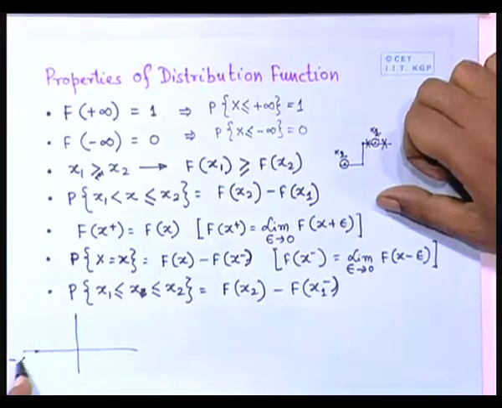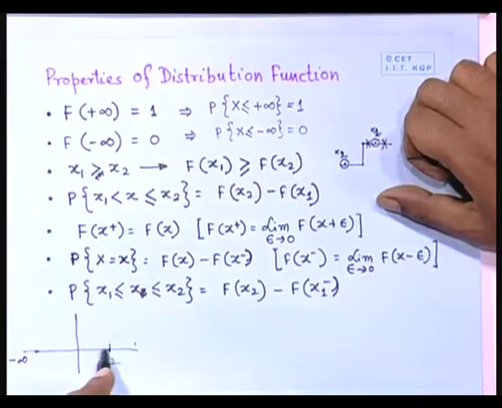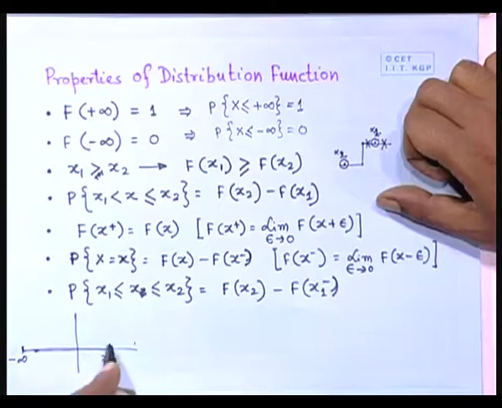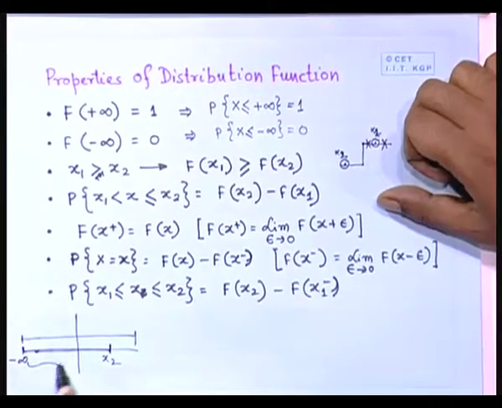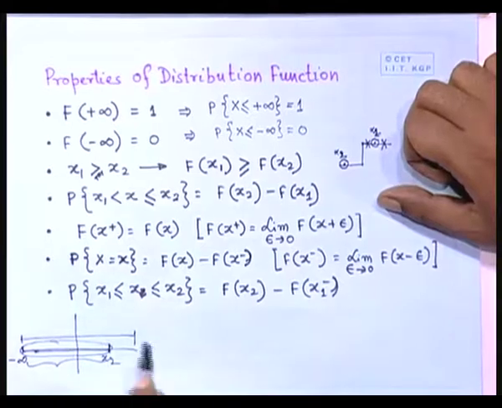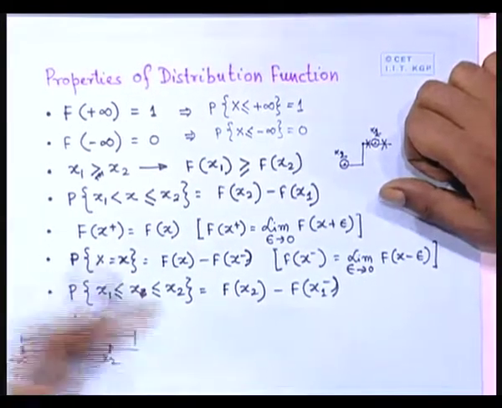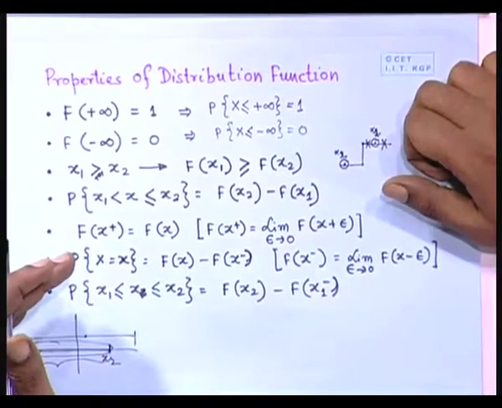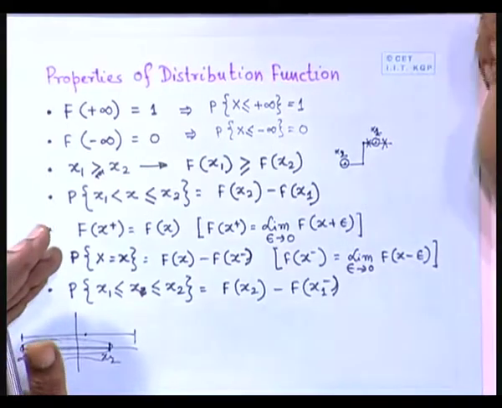I am considering from minus infinity to x2 here, and x1 is greater than x2. First time I am considering this set, second time I am considering this set. So I am always covering this. The set of outcomes corresponding to this are anyway covered in this, and I possibly am including more outcomes. So the probability will increase.